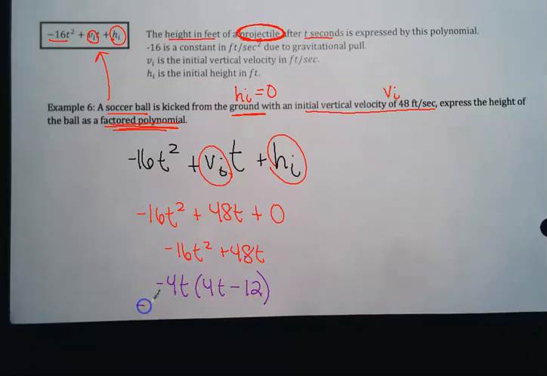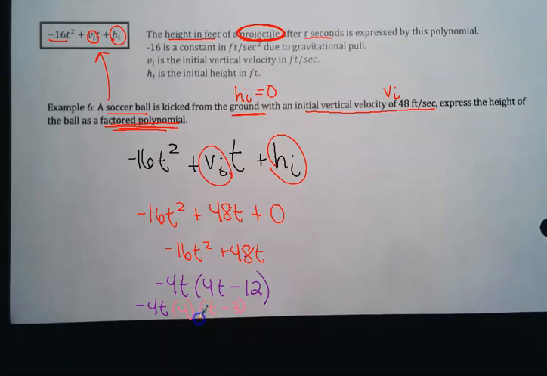I've got this negative 4t that I factored out, and I'm going to factor out another 4. So 4t divided by 4 is just t. Negative 12 divided by 4 is negative 3. The reason I did this, again, is so you could see it.